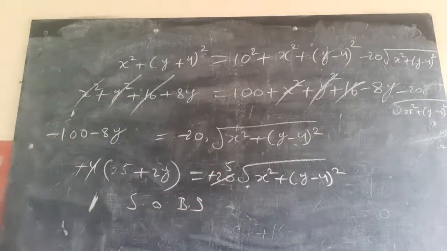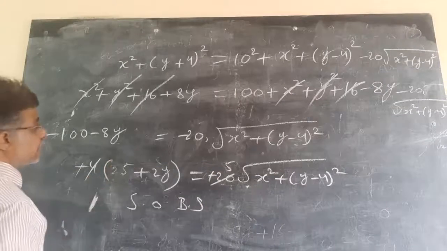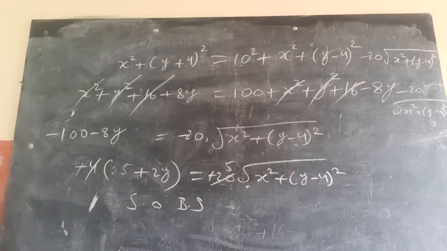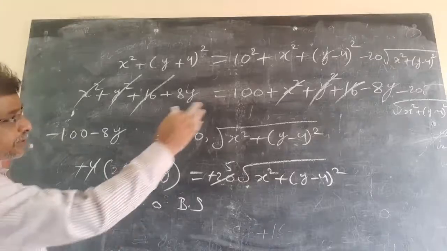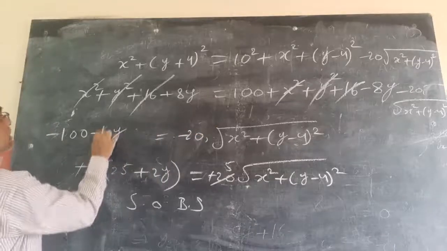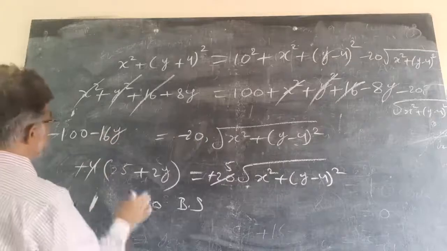So this is 25 square. The 8y comes to this side, minus 8y, so it becomes 8 and 8, 16y. I am taking 4 common.